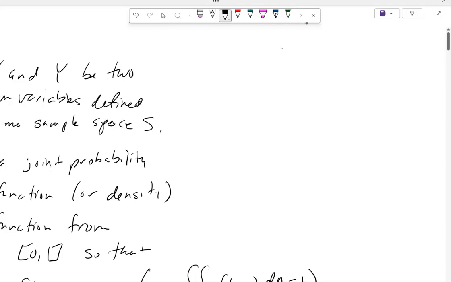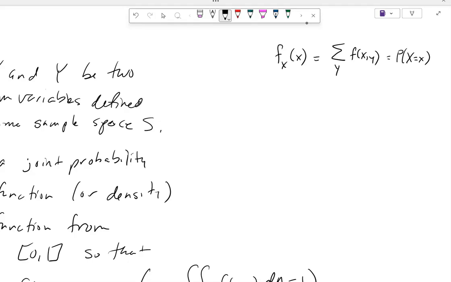If you want the marginal distribution for x, and that's our notation we would use for it, you're going to take the sum over all of the y's of f of x, y. And this should be your probability that your X really is equal to x.